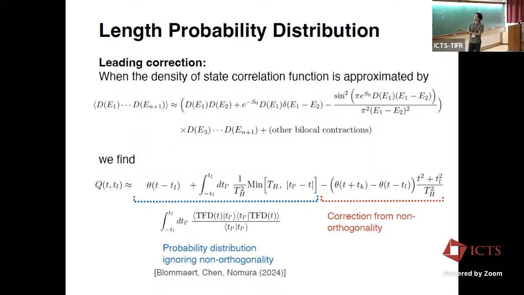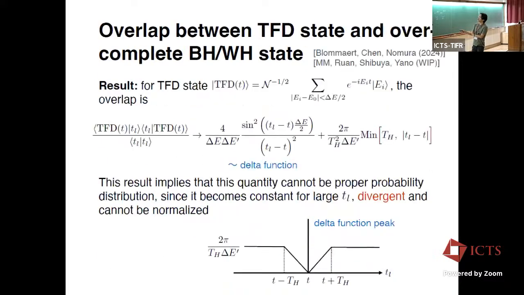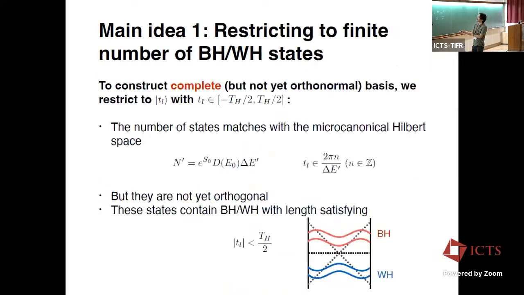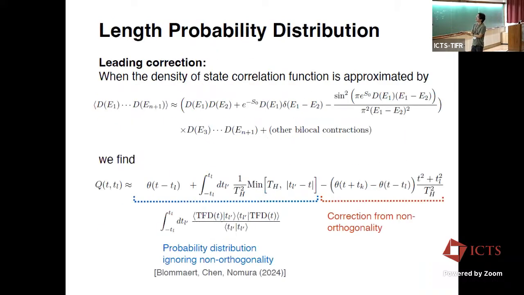This is the main result. The first two terms are obtained by integrating the thing we computed earlier. This is a kind of probability distribution, ignoring the orthogonality of the black hole states, and the second term is the correction from non-orthogonality.